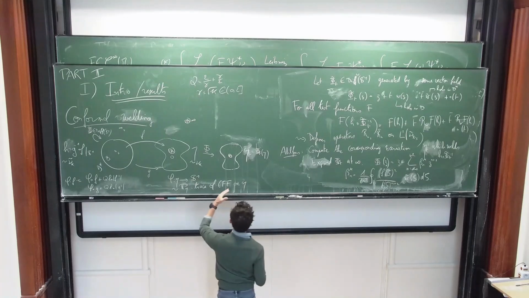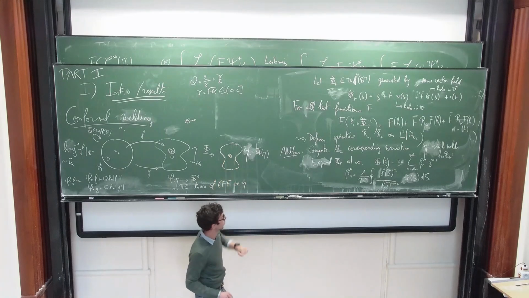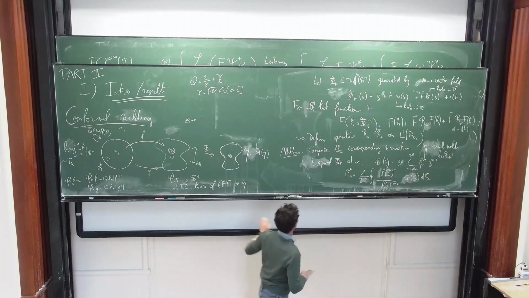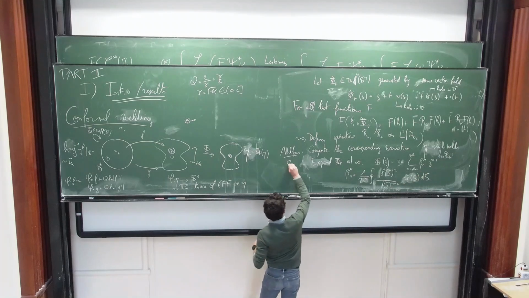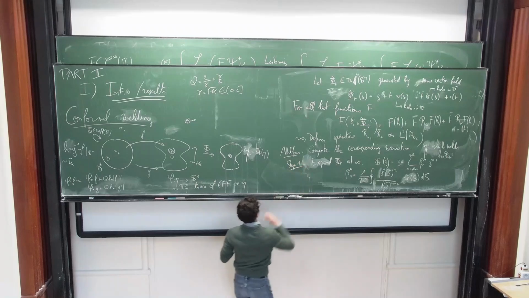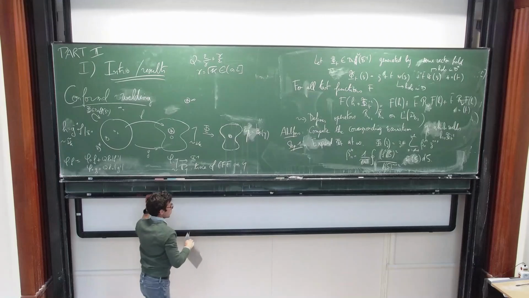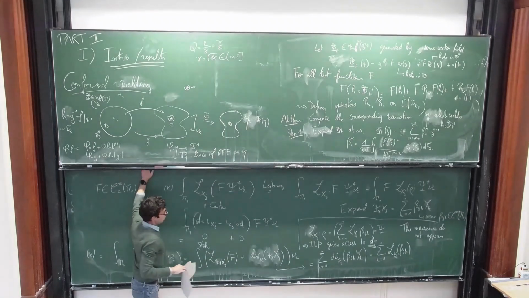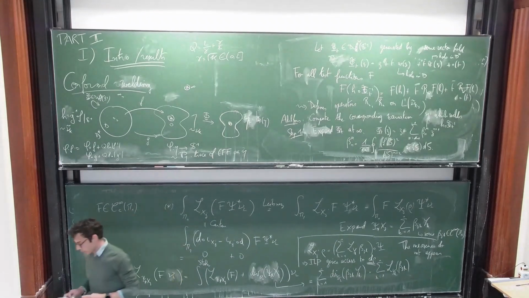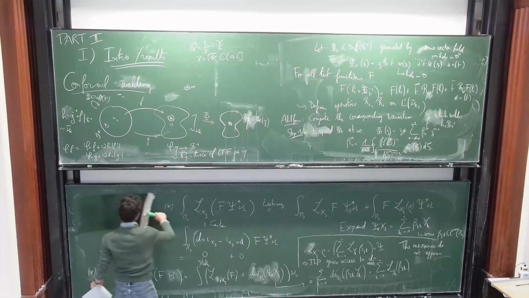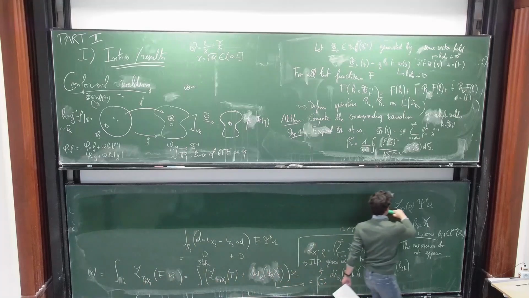It's the variation when I move the curve by some vector field, which is actually the vector field z to the n plus 1. So this is step 1. Step 2 is I need to understand the variation of these betas with respect to this local conformal transformation. So I need to compute L_n of beta n.